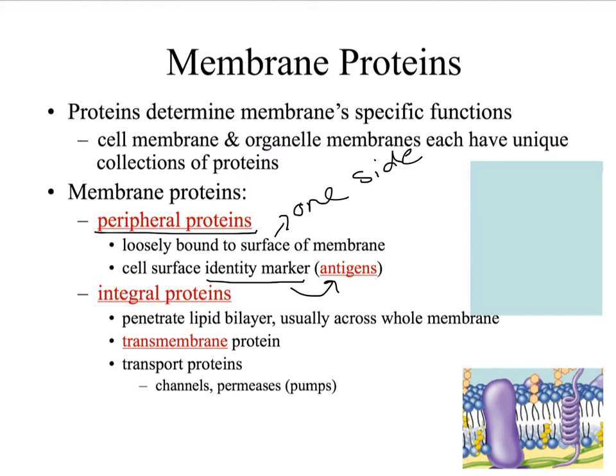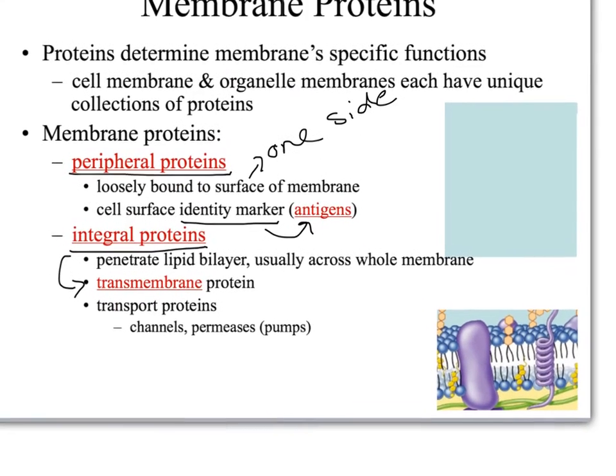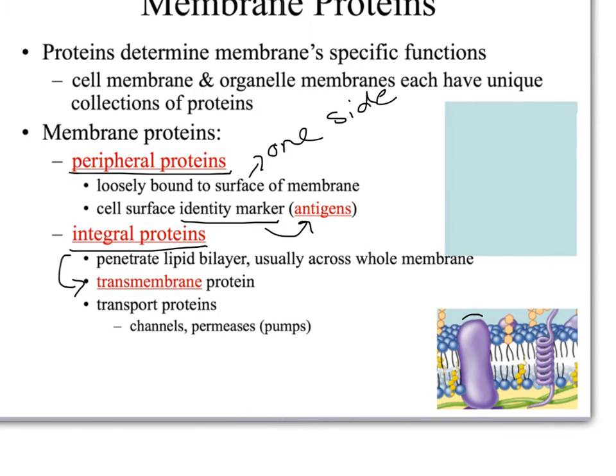The second major category of proteins are called integral proteins, and these are transmembrane proteins, meaning they go all the way through the cell. So if you look at this picture right here, this would be a transmembrane or integral protein. They are generally going to be transport proteins, and so their function is going to be to get molecules from one side of the cell to the other side of the cell.